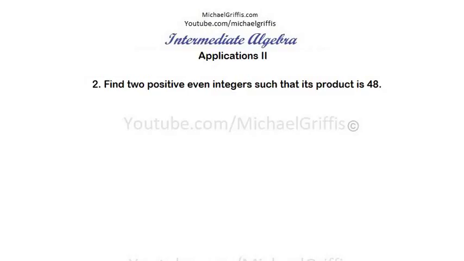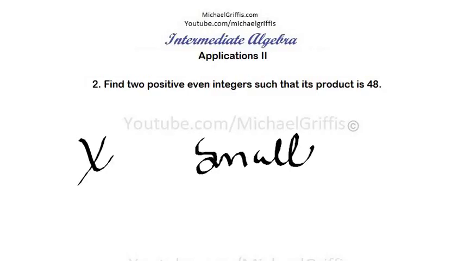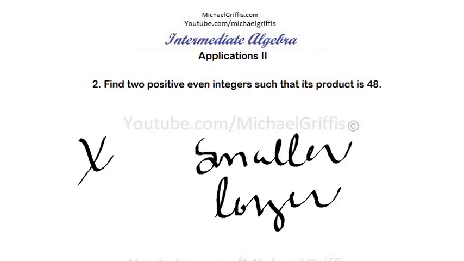Well, let's let the smaller integer be x. Okay, this will be the smaller one. How's that? All right, and then the larger, we'll let it be x plus 2.